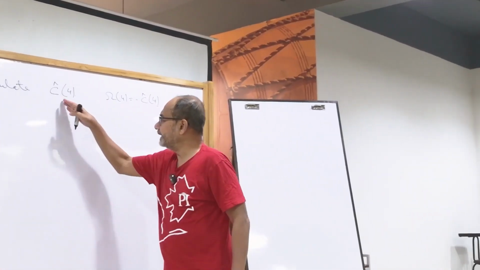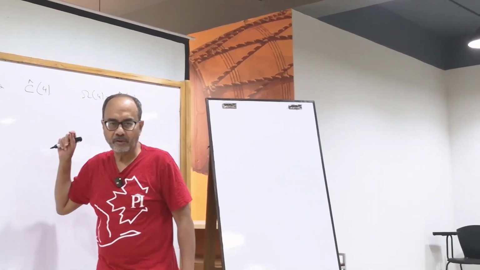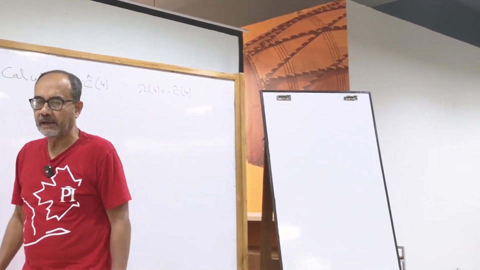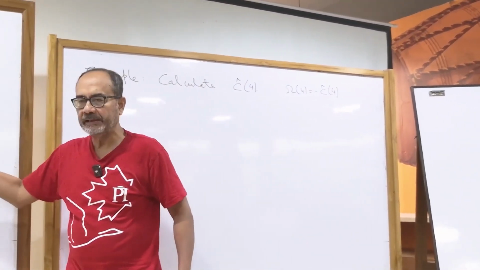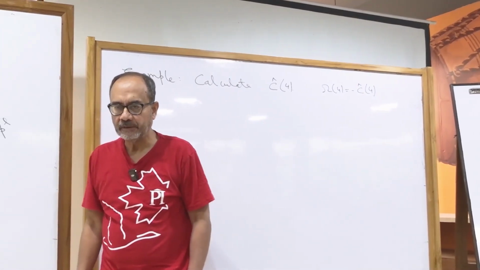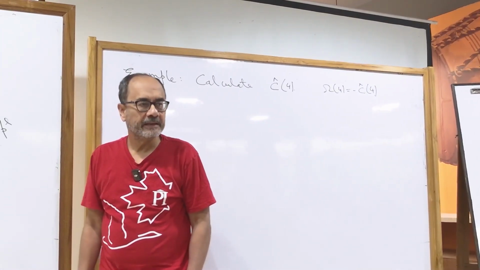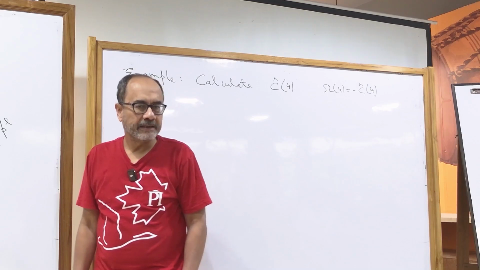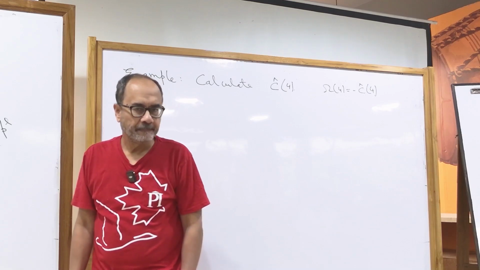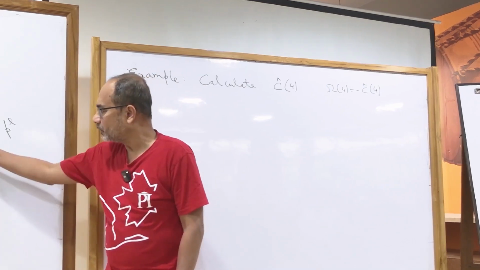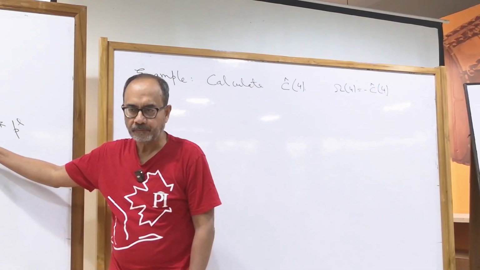Okay, so any suggestion of how to calculate C hat of 4? What is the simplest term which will tell us C hat of 4 in this? K equal to 1, L equal to 0. For K equal to 1, L equal to 0, you get C hat of 4.